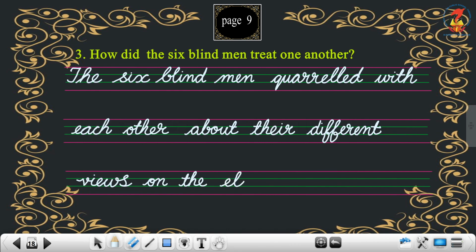E, L, E, P, H, A, N, T, elephant, and then full stop. So, children, repeat after me. The 6 blind men quarreled with each other about their different views on the elephant.